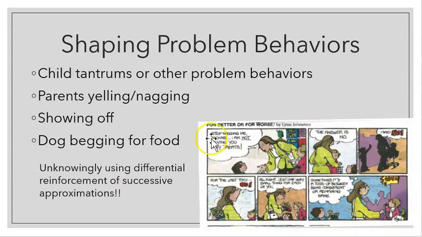In this example here, this is a fun little comic strip showing shaping behaviors with problem behaviors. We've got a mom and a kid, so we're going to call the mom Mrs. Smith and the kid Tommy. Okay? So Mrs. Smith is trying to reduce the disruptive behaviors, but Tommy keeps interrupting and wants to play.